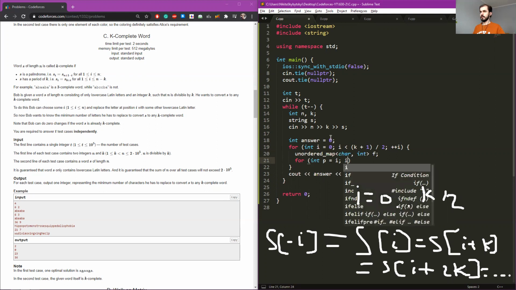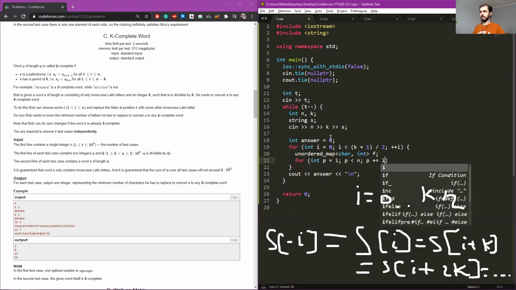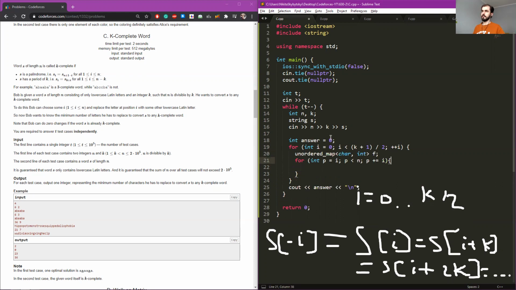For positions like this. Increments. F at S p.